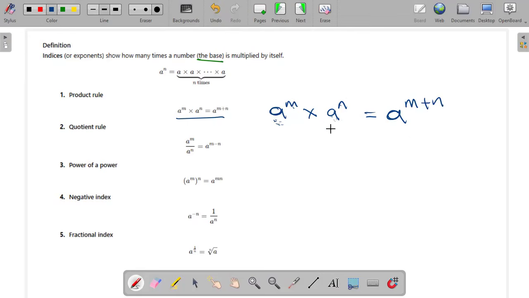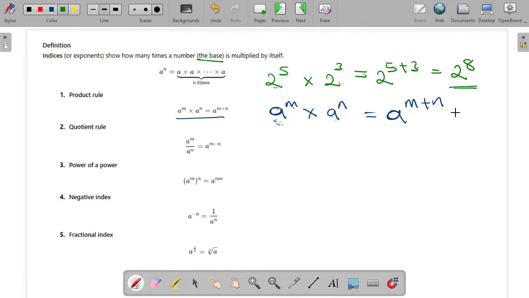So let's take an example. If we have 2 to the power 5 multiplied by 2 to the power 3, here we keep the base, which is 2, then we get the exponents. You have 5 there, and here you have 3. When we add, 5 plus 3 gives us 8.